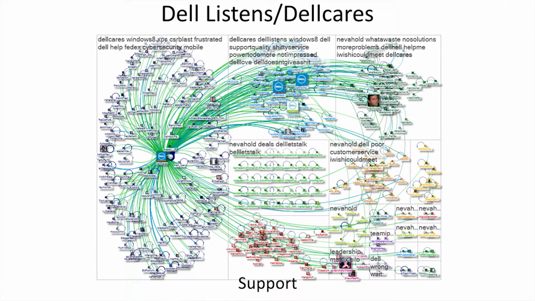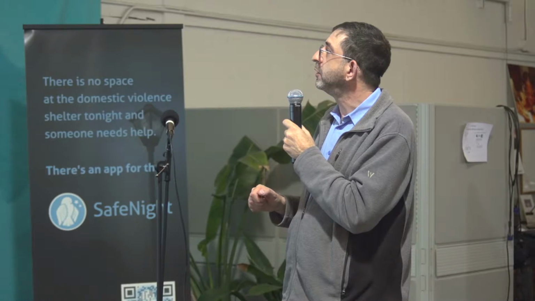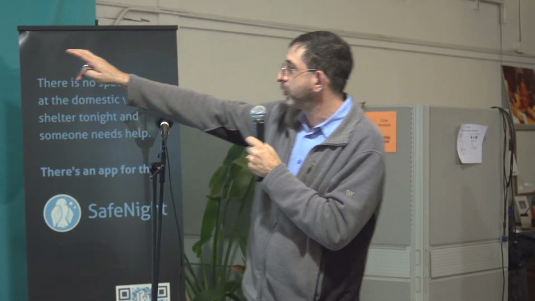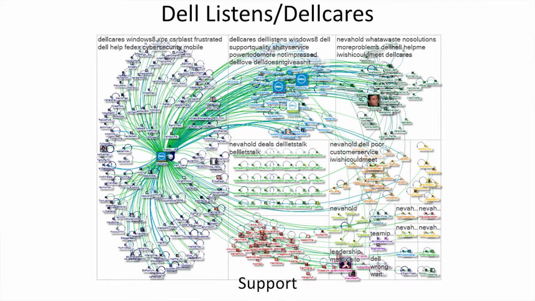No solutions, more problems, Dell hell. Shitty service, not impressed. Dell doesn't give a, never mind. And so these groups where people are starting to talk to each other, when people talk to each other in a support context, it's bad news. Because that's when the two of you have become so incensed with Dell that you are willing to talk to each other about how angry you are at Dell. Not knocking Dell.